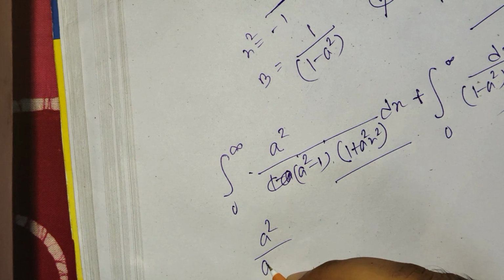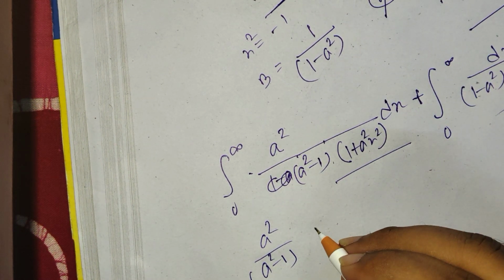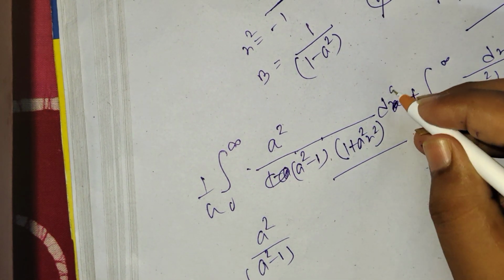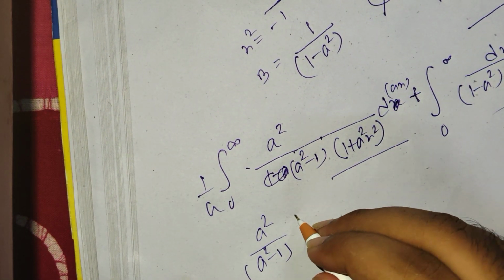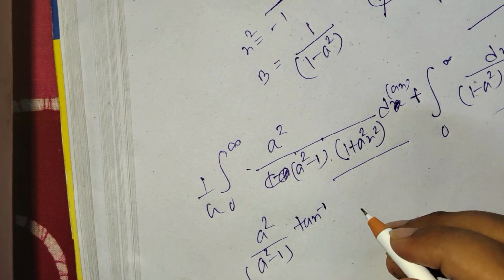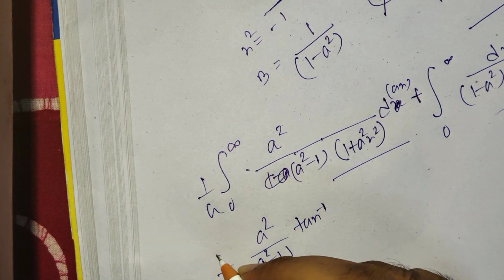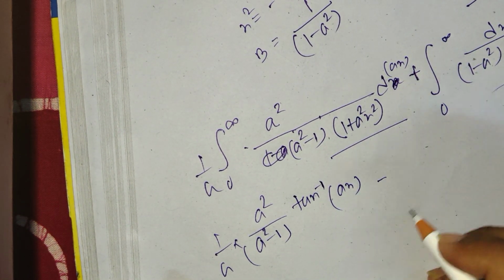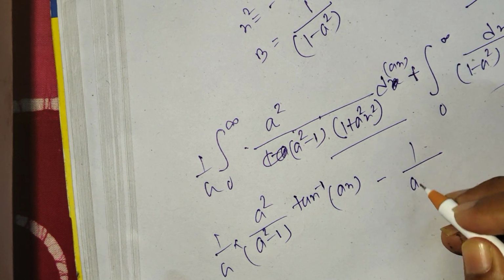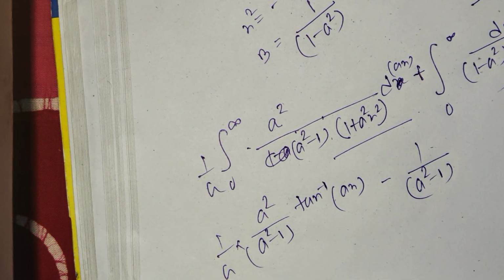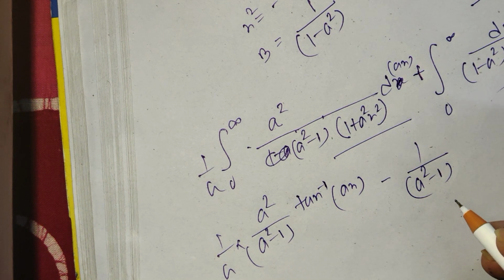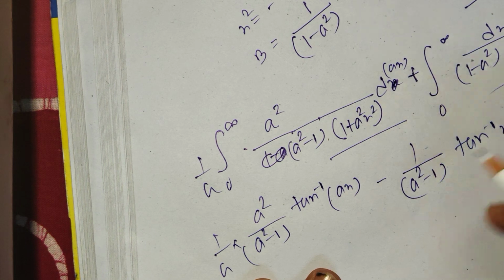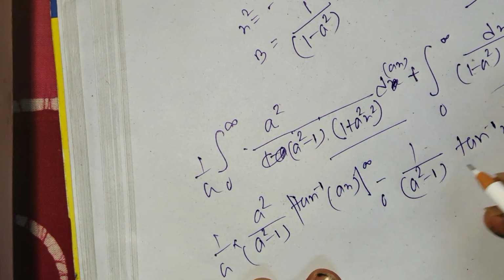We have to take 1 by a, this is a into x, and this is tan inverse of a x. Then I am taking common a square minus 1. Now the integration of dx by 1 plus x square is again tan inverse x, with the limits from 0 to infinity.